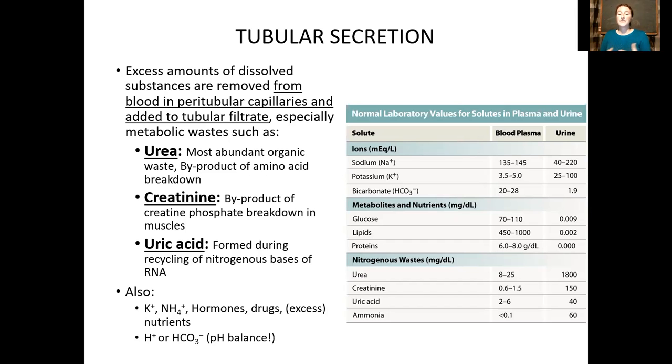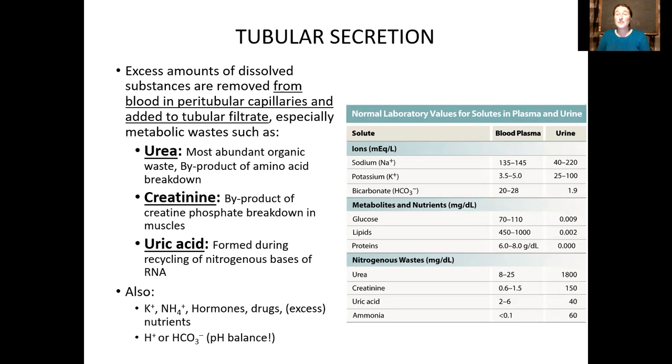Also, other things like drugs and toxins. The liver, of course, pulls them out of the blood and changes them a little bit, but we need to physically get them out of the body somehow. And so the kidneys are going to help with that. Also, any excess nutrients.